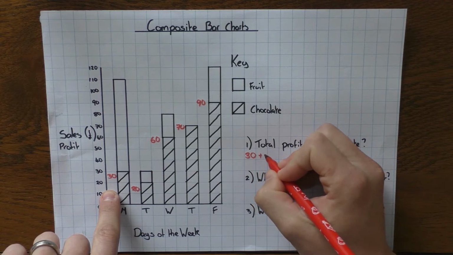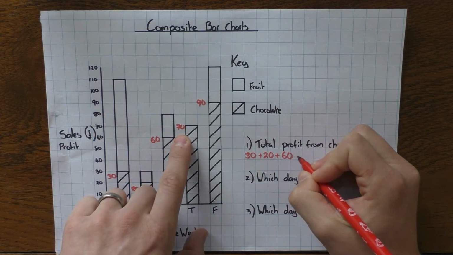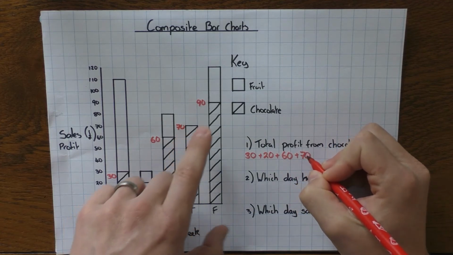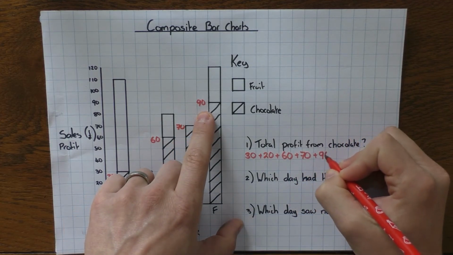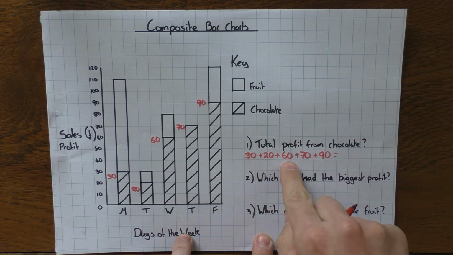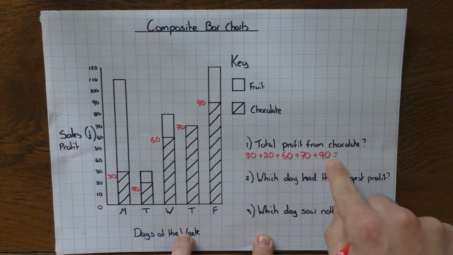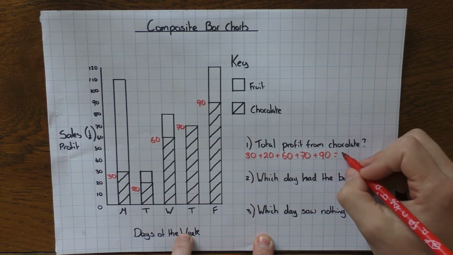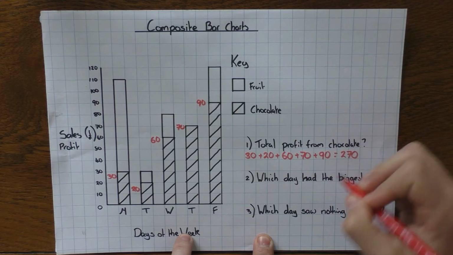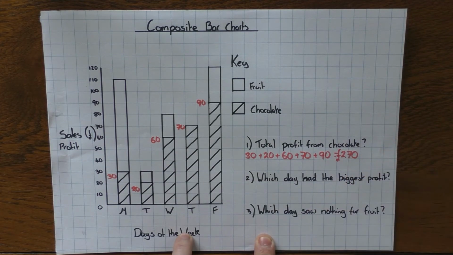So 30 plus 20 plus the 60 plus the 70 plus the 90. So let's just work that out. 30 plus 20 is 50, add 60 is 110, add 70 is 180, add 90, 270. Okay, so 270 pounds. Make sure we get our units in there as well.